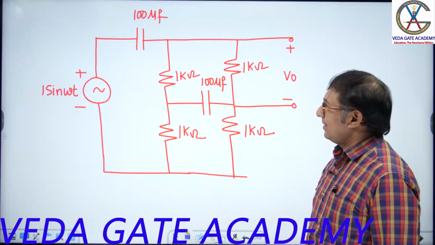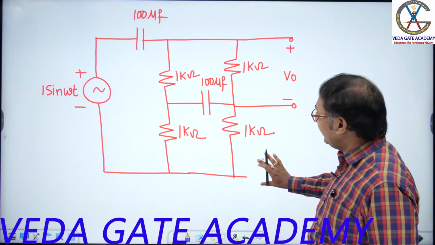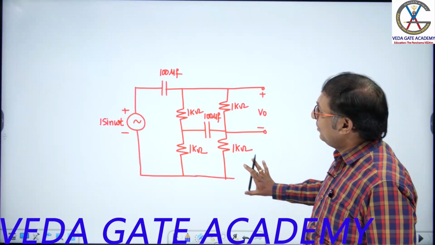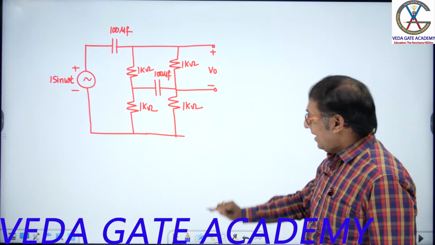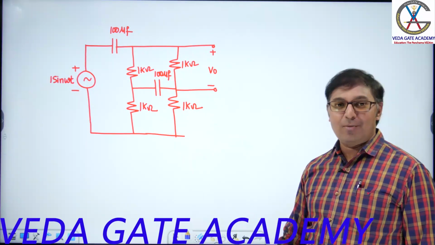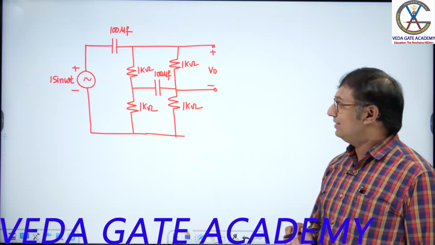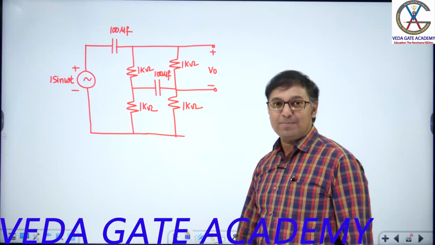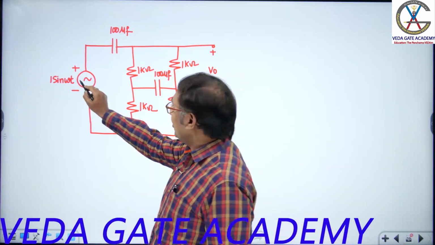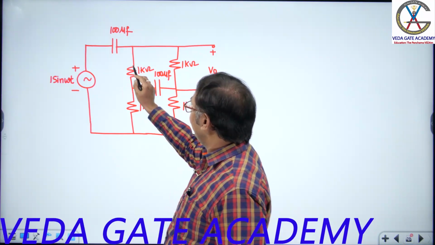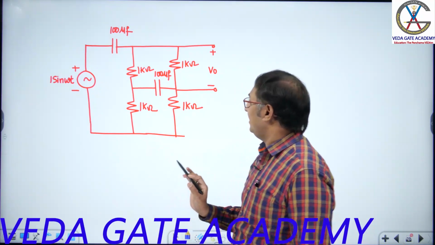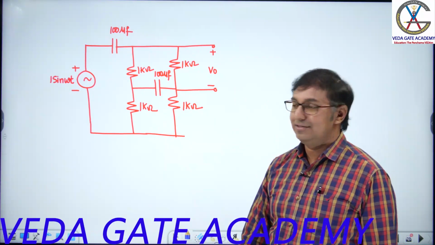This is the structure given. Can we do this? Till now we have done some problems. With that knowledge, let us analyze how we can do this problem. Source is given, this capacitor is given, and he is asking for the value of V0.